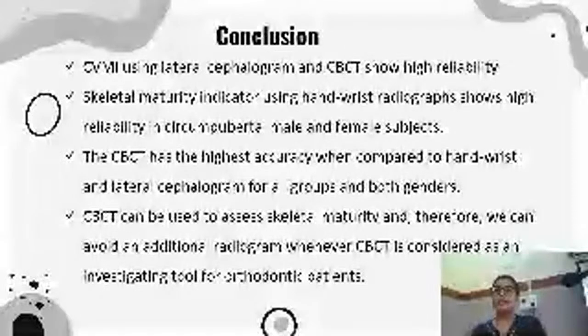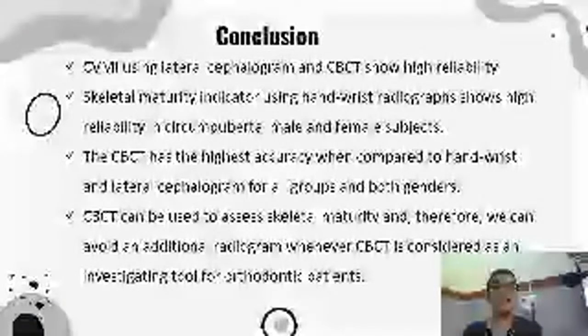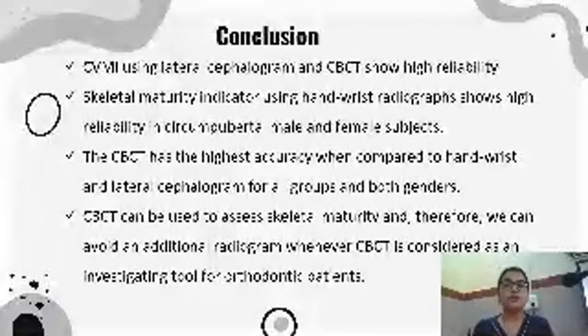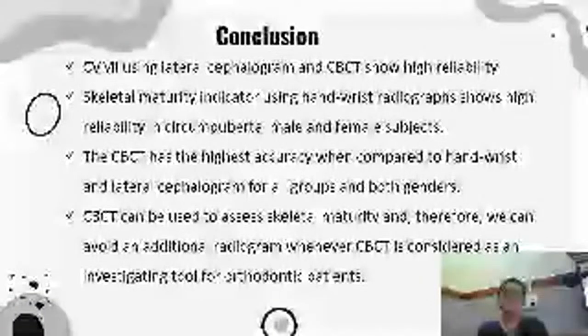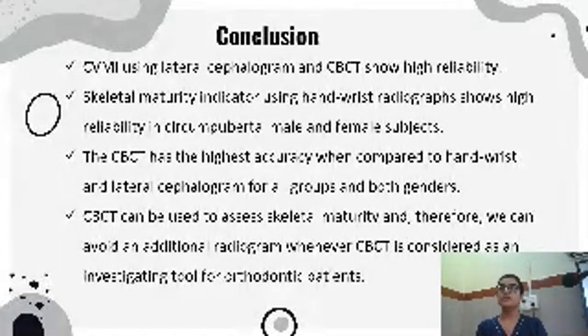The skeletal maturity indicators using hand wrist radiograph show reliability in circumpubertal male and female subjects. CBCT has the highest accuracy when compared to hand wrist and lateral cephalograms for all groups and both genders. So CBCT can be used to assess skeletal maturity indicators, and therefore we can avoid an additional radiograph when CBCT is considered as an investigating tool for other purposes.